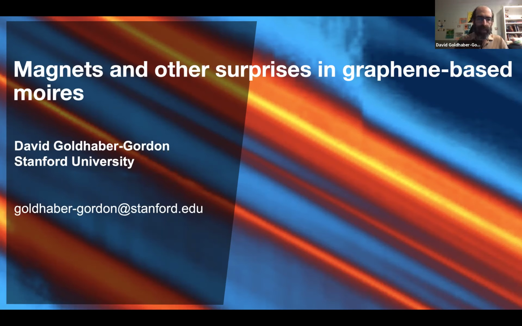And just to be clear, since then we have seen superconductivity in twisted bilayer graphene a number of times. The difference was because we had inadvertently done something different in our stacking.